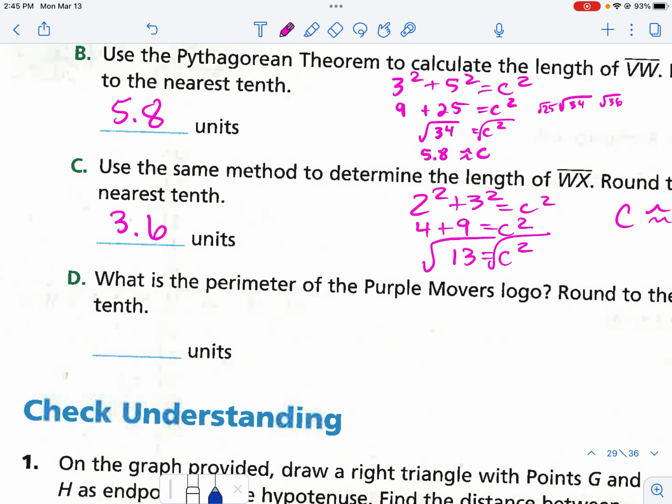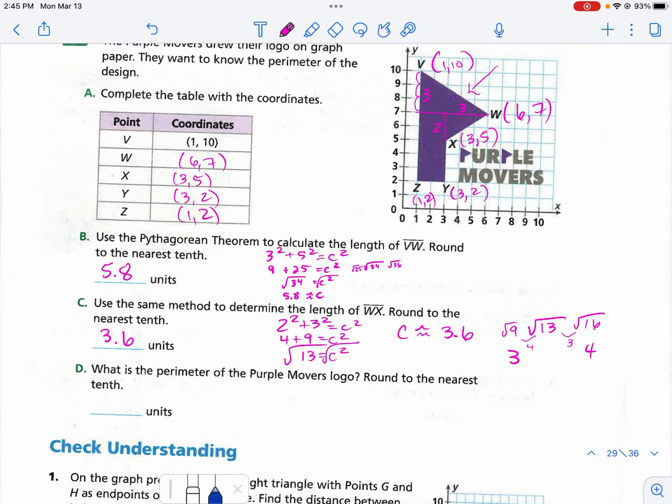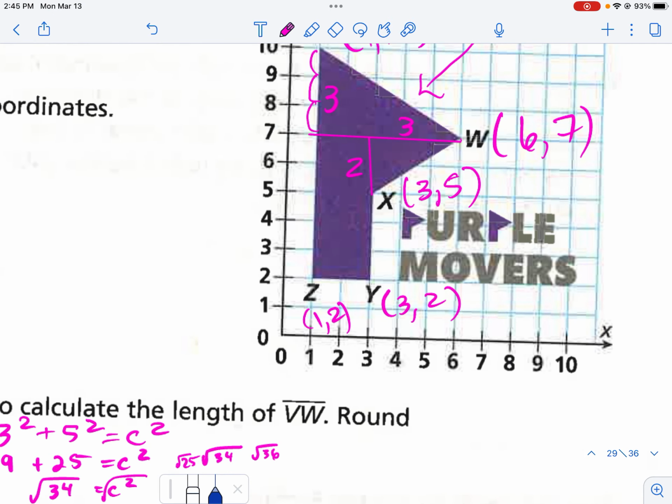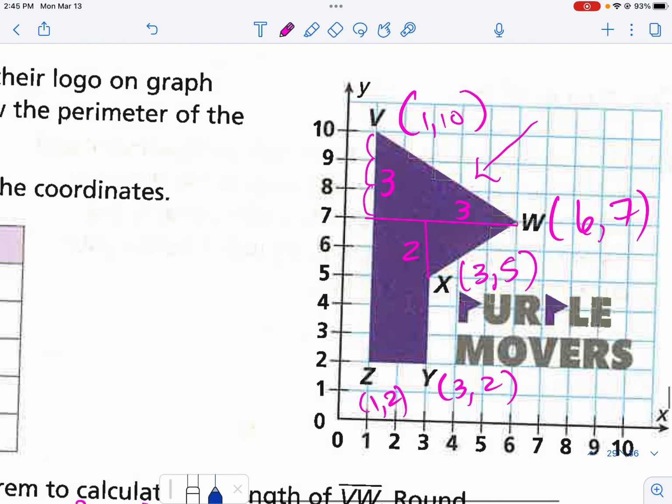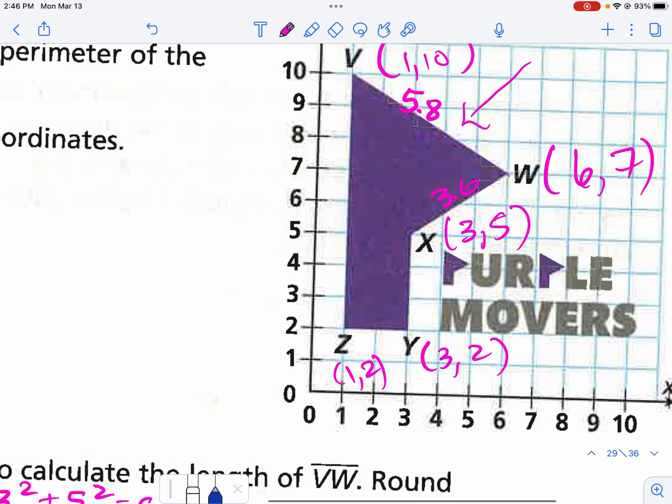Okay. So now, I said this side right here is 5.8 long. I'm going to erase this side, erase this. Okay, and we just said that this side is 3.6-ish. So now let's figure out the rest of the sides.